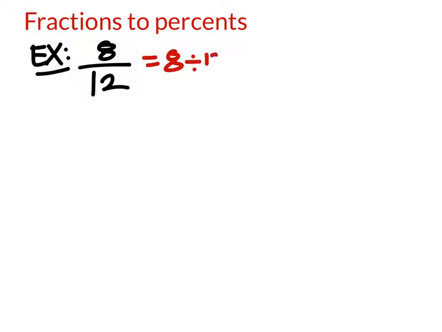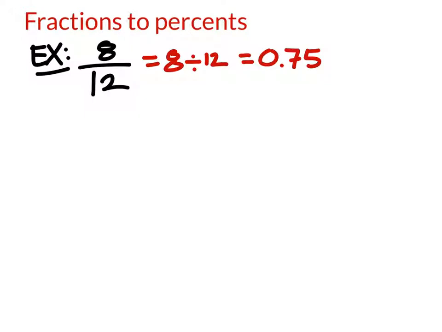All right, finally, fractions to percents. So this one is related to fractions to decimals. We just got to go one step further on that. So let's say that we had, I don't know, 8/12. Okay. So I would want to change this into a decimal first. So I would do 8 divided by 12, which would be 0.75.